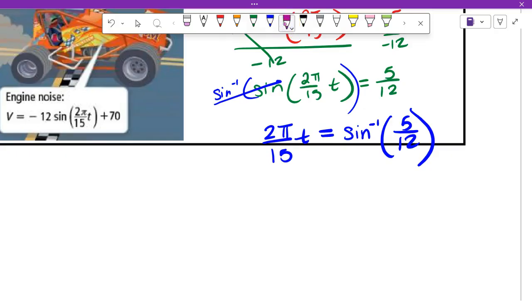Well, right there, this is not on my unit circle. I can't say, hey, what angle does sine equal 5 over 12? I don't know where. So I can't just use my unit circle and have an exact answer, unfortunately. So that's where you'll have to put it in your calculator.